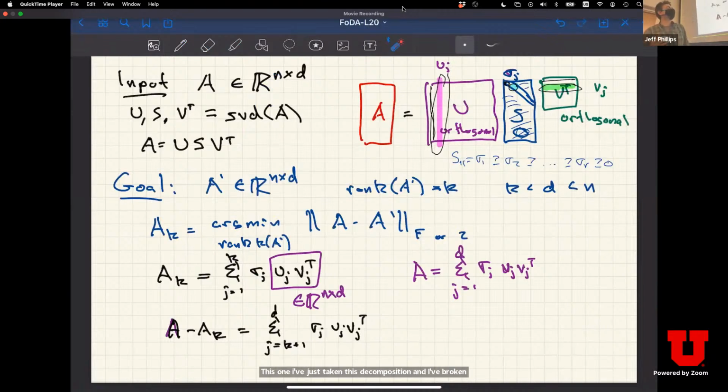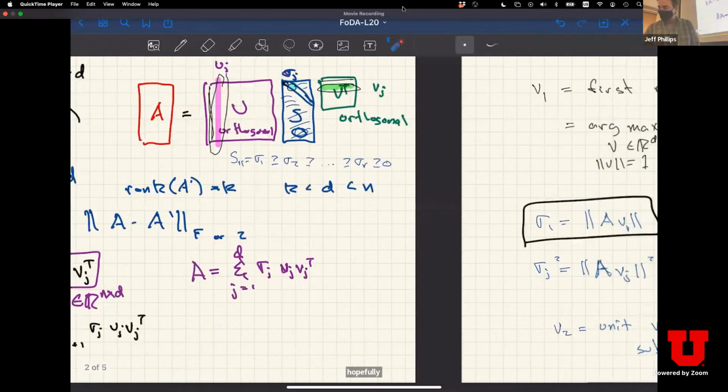If I subtract this from this, the first k terms in the sum cancel, and what's left are the remaining terms. It's a nice, easy way to see what's going on. Hopefully that answers that question.